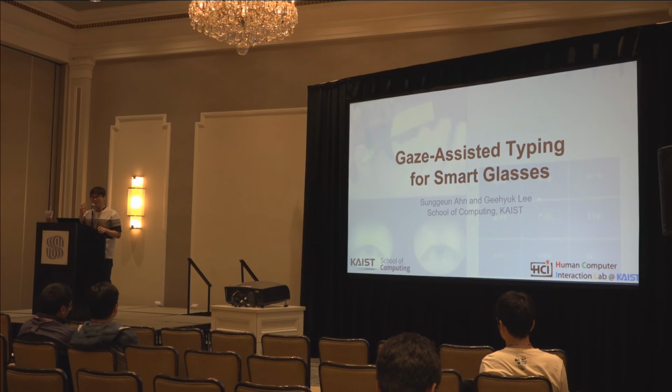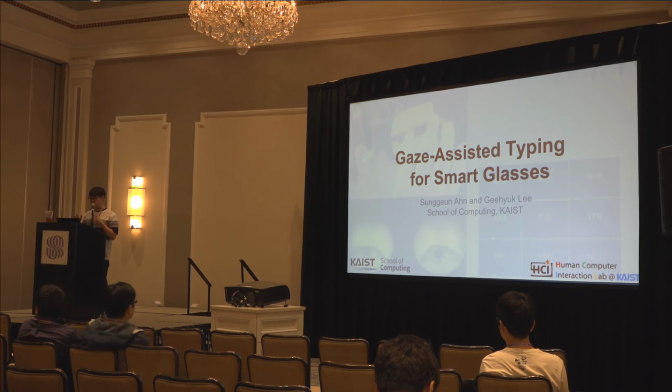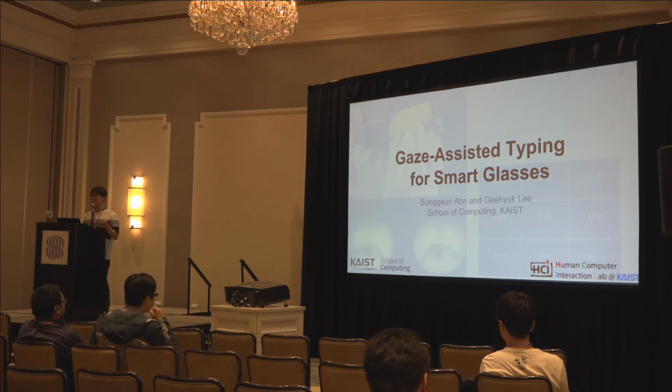Oh, sorry, I can't hear the last words. What were the text entry error rates that you saw in the results for the first experiment? Yeah, that's right. Actually, we measured the error rate for both experiments, but because of the time constraint, I excluded the results because there was no significant difference in error rate.